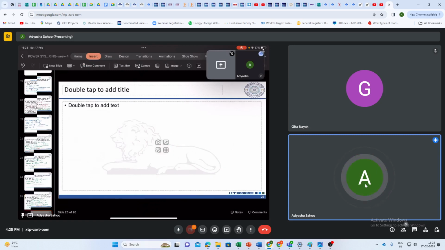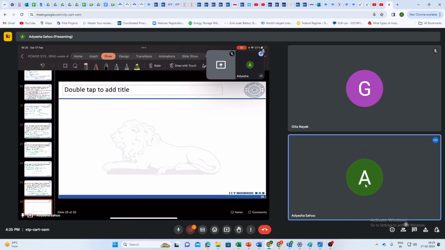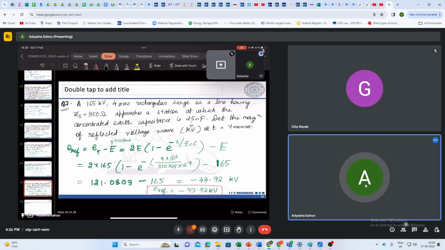Okay, next one. This was 7th, then 8th. Question 8 is same as above. Similarly, 165 kV, 4 microsecond was given previously also.